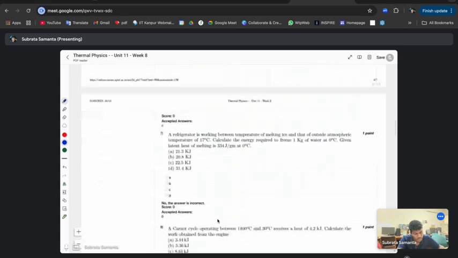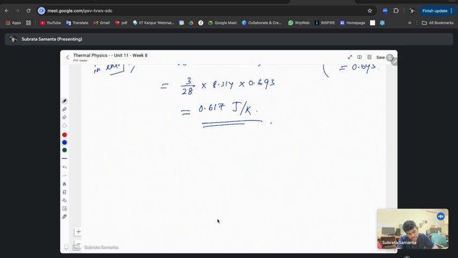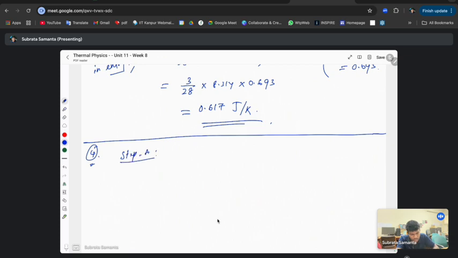First, minus 10 degree to 0 degree centigrade, step 1. This is problem number 4. So there is step A, where the ice goes from minus 10 degree centigrade to 0 degree centigrade, and we calculate the delta S for this process.